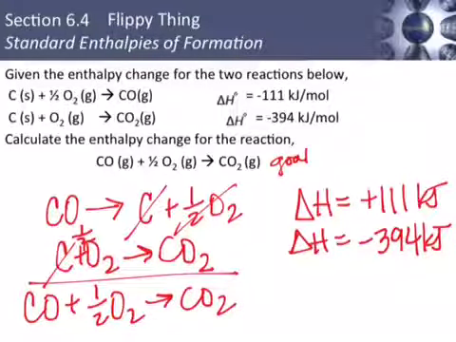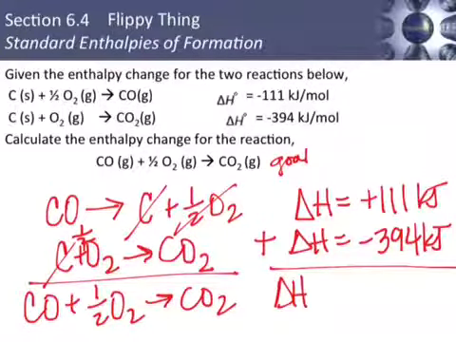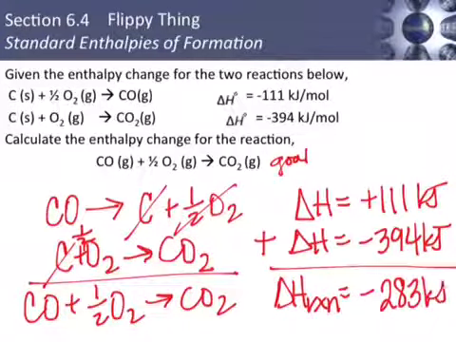So my goals match. And now what we do with our delta H's, if we were in kinetics, we would multiply them, but this time we are going to add them together. And the delta H for this reaction is going to be negative 283 kilojoules.